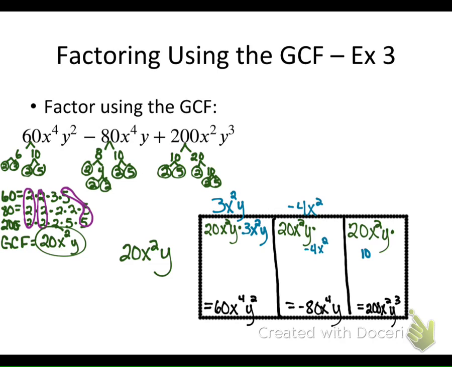Do I need any more x's? Okay, I have y as my height, y to the 3rd as my total area. Do I need any y's in my width? I heard a yes. How many? If I'm going from 1 y to 3 y's, how many more do I need? 2. So y squared. So the width of this rectangle is 10y squared.